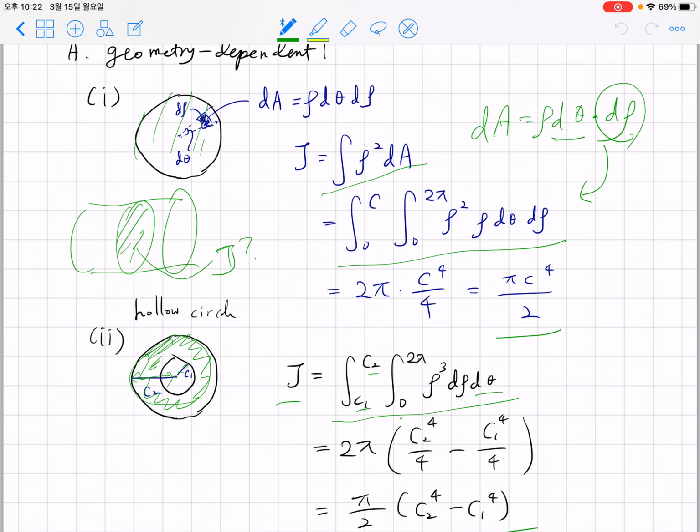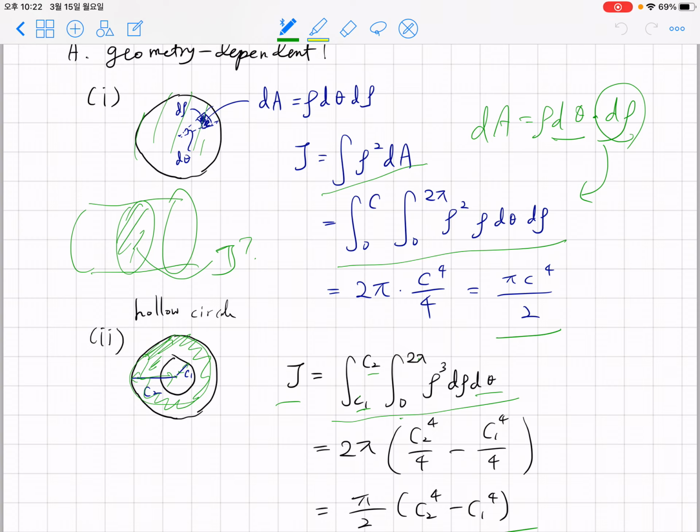Without satisfying those assumptions, it becomes a really difficult problem to obtain the response under torsion, and that will be beyond the scope of solid mechanics 1. Those complex problems will be handled in second semester, which is the stress analysis course, or in other words, solid mechanics 2 course.